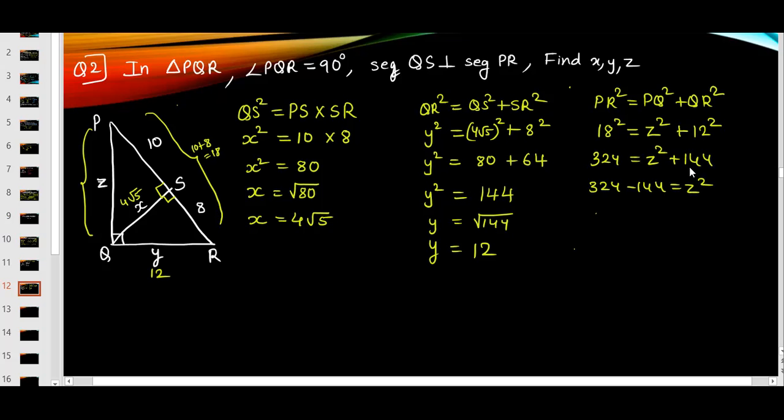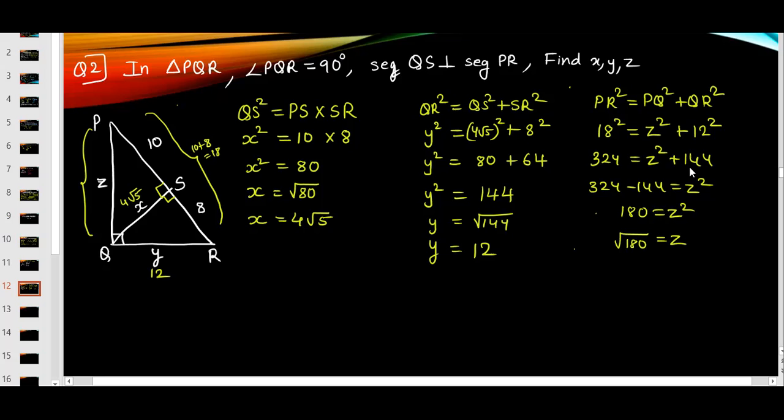Subtract it and check. 324 minus 144, answer is 180, equals Z square. Z will be square root of 180.